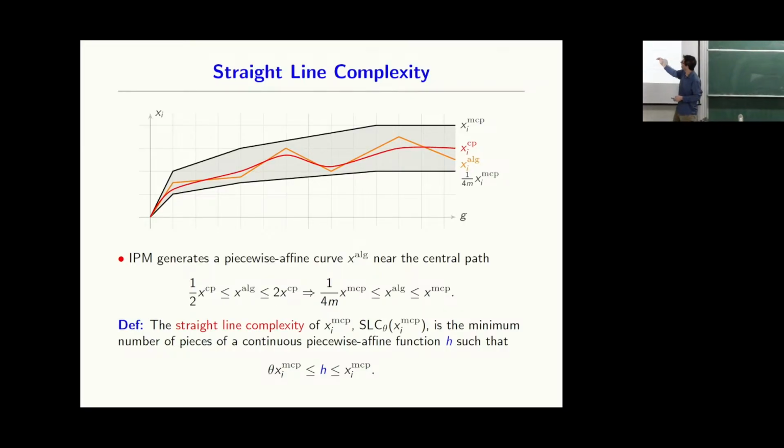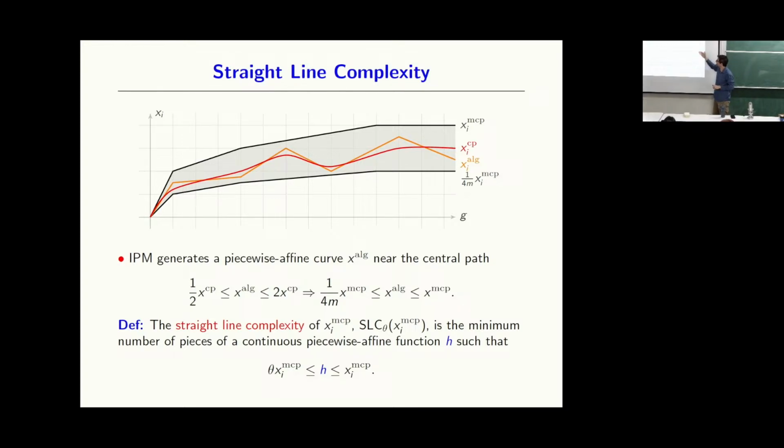Or, if I feel like approximating from here to the end, I can restrict this definition of complexity to that interval. So I'm looking at the minimum number of pieces of a piecewise linear function that approximates one coordinate of the maximum central path, in between the range of gap being 0, which is where I want to end up, and perhaps my starting point. That's a natural notion of complexity.